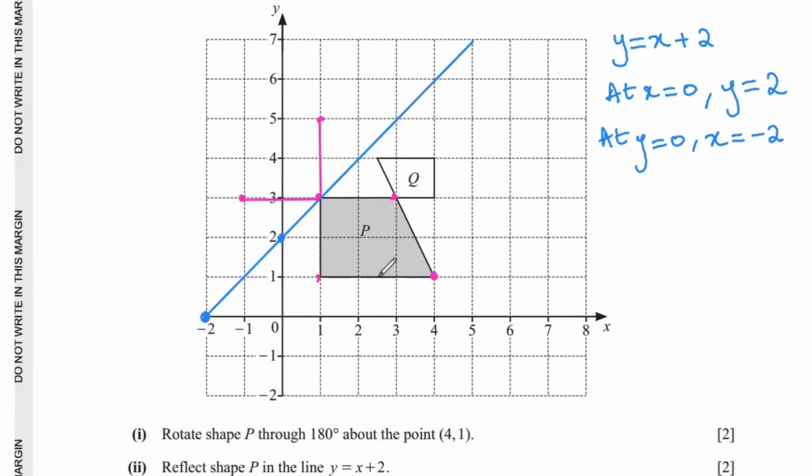This is (2, 4). So that's (2, 4). This one over here. So now if we connect these, this is our reflection of P in the line y equals x plus 2.